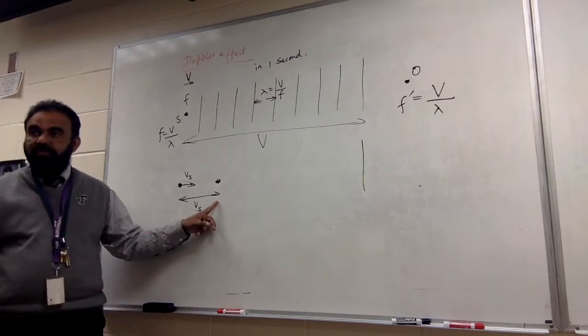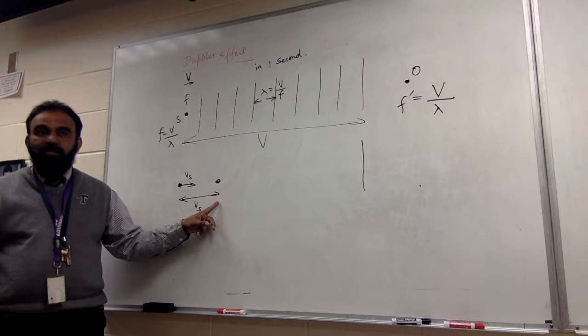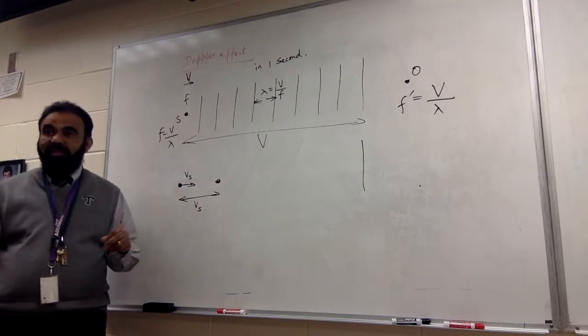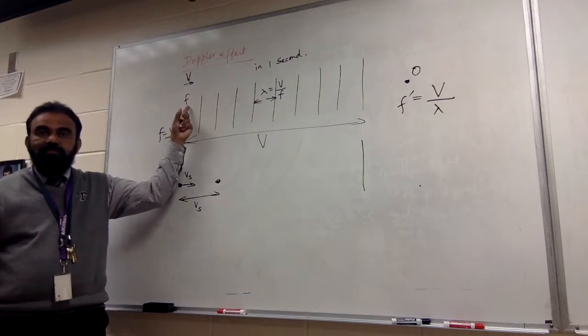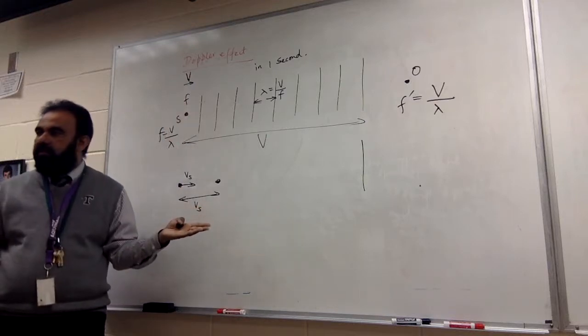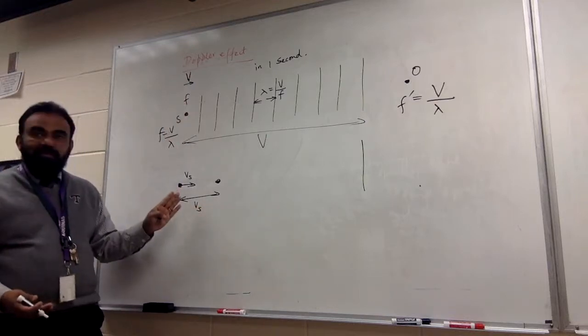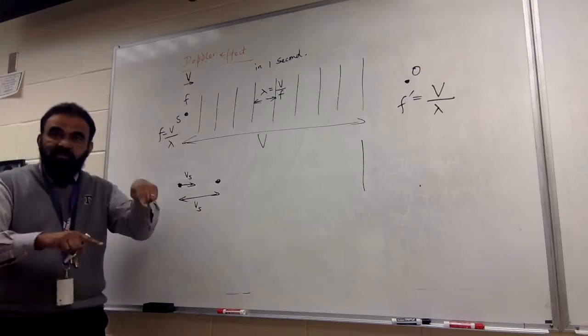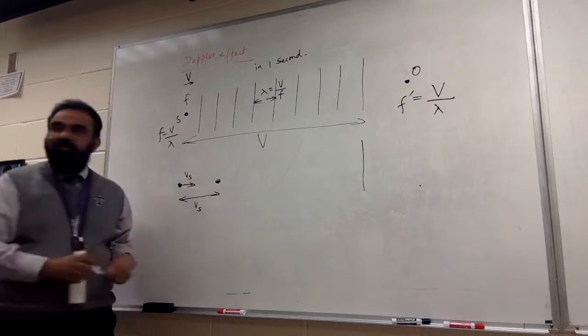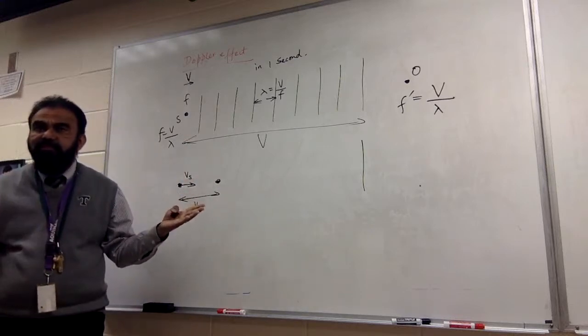It traveled already Vs meters. How many waves does this source generate in that 1 second? F waves. That's the same thing. So that means he started generating the waves when he was here, and he finished with the F waves when he finished here. Where are all those waves now?